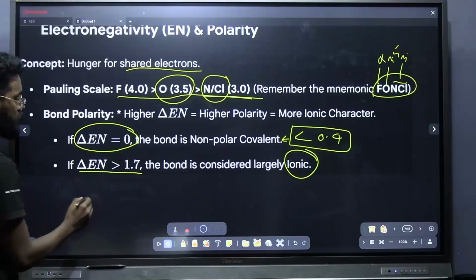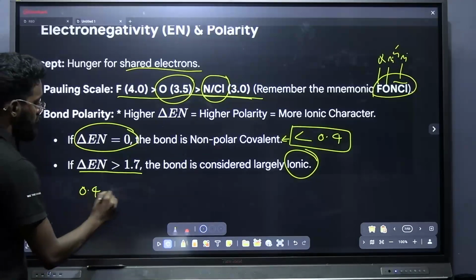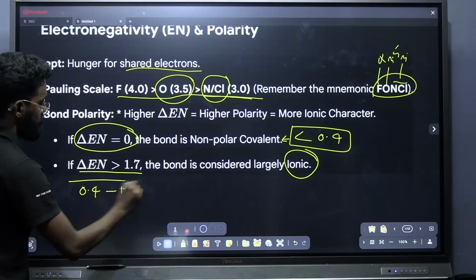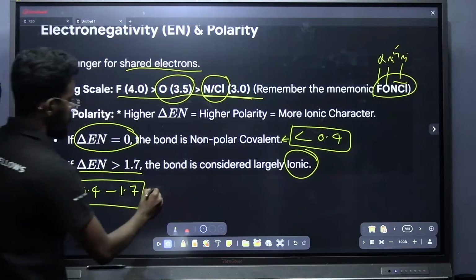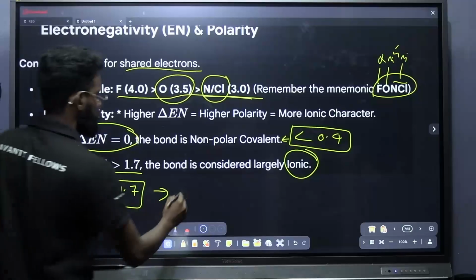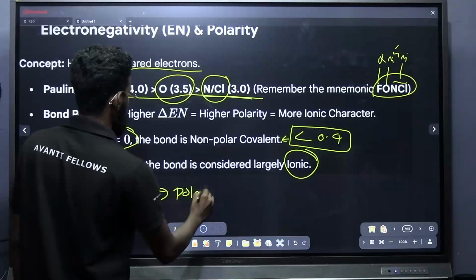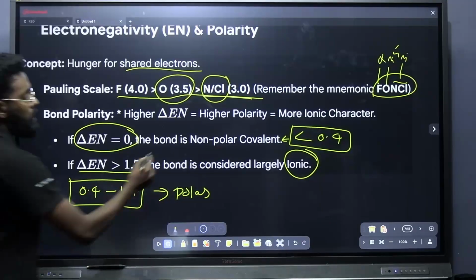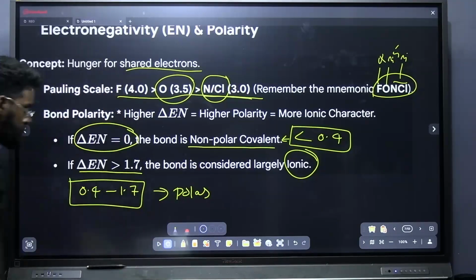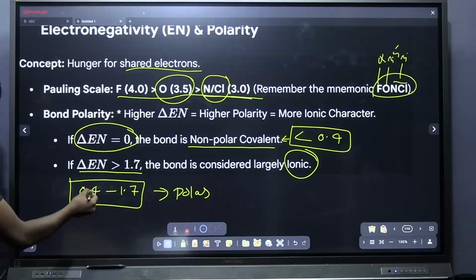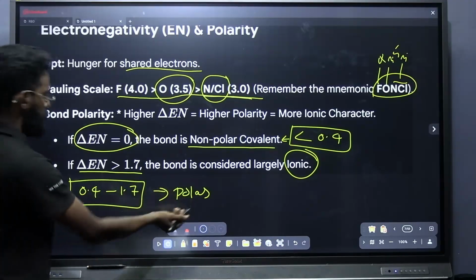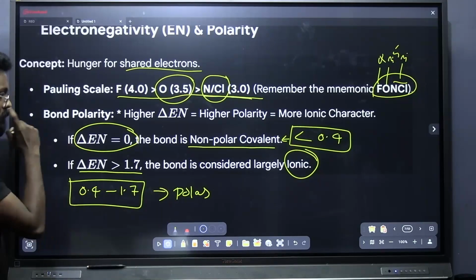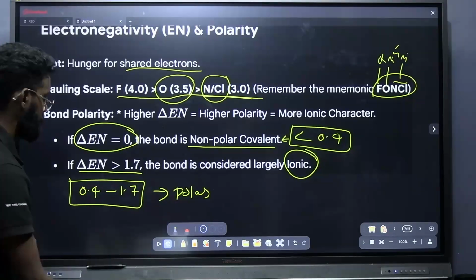And if it is in between 0.4 and 1.7, we can say it is polar. So if it is less than 0.4, it is non-polar covalent. If it is between 0.4 to 1.7, it is polar. If it is greater than 1.7, we can say it is largely ionic.